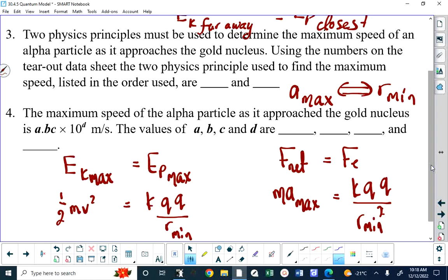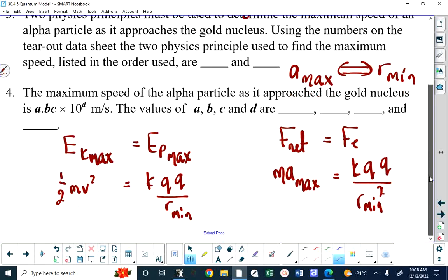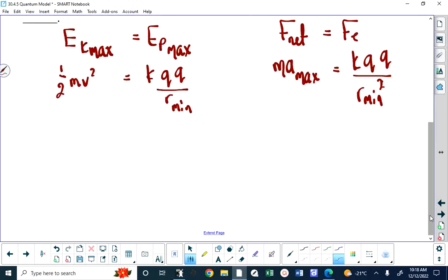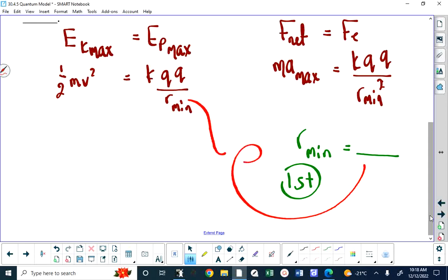So the big picture. Students who are successful in Physics 30 are going to be the ones that understand the big picture. You're not going to memorize a bunch of formulas here. Notice in my energy formula, it's kqq over r, and in my force formula, it's kqq over r squared. So what we need to do is find this first, so we can take whatever number it is and put it in here to find the answer to the question.